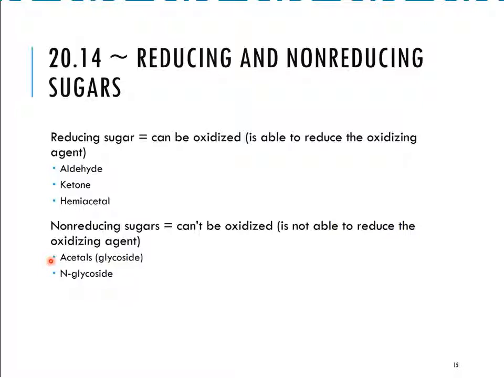Non-reducing sugars are acetals, which are our glycosides, and that does include the nitrogen-based ones that we just saw. So that means our reducing sugars are the aldehydes and the ketones, those would be our straight chain carbohydrates, and the hemiacetals, which would be just our regular ring forms of our carbohydrates, without going through any reactions.